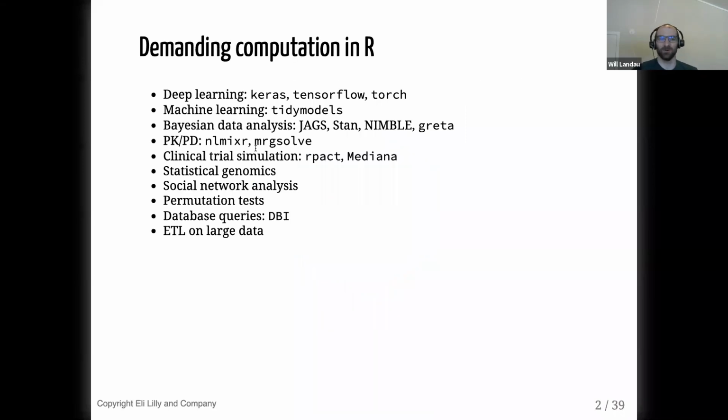So a bit about the problems that we're trying to solve with targets. These are demanding reproducible analysis pipelines in R. Things like Bayesian data analysis with custom models or any of these model development frameworks. We're talking about PK/PD analysis, pharmacokinetics, pharmacodynamics, clinical trial simulation, statistical genomics, and even things outside the life sciences like deep learning with Keras and Torch and tidymodels.